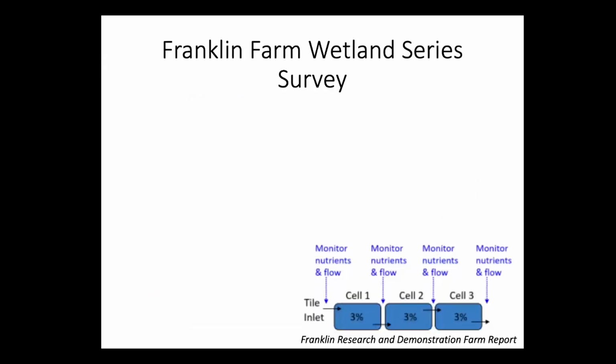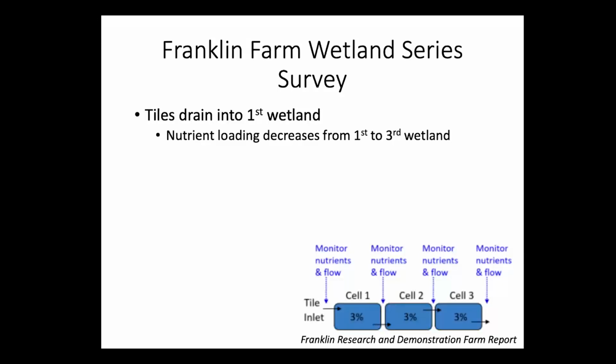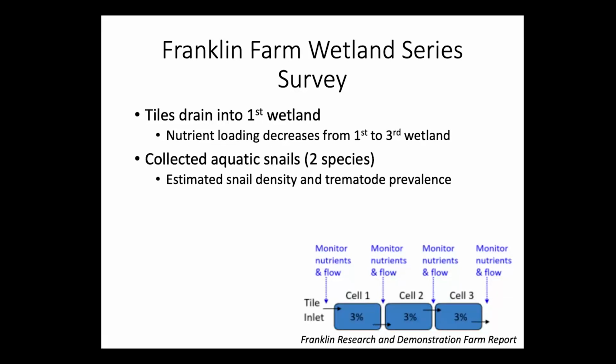The reason that gradient occurs is because the tile actually just drains into the first wetland in each series, as Krista explained, and then nutrient loading will consequently decrease as you move from the first to the third wetland in the series.